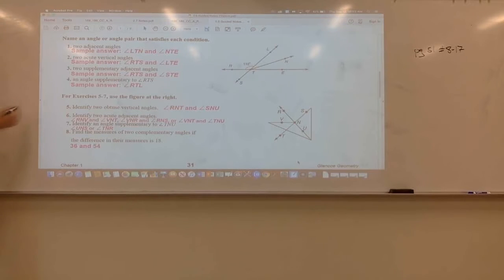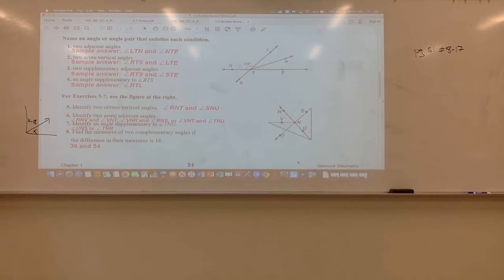So here, we're saying I've got 2 angles that make up a right angle together. I don't know exactly what they look like, but I know I've got 2 angles that add to 90 degrees. And what we're saying is the difference in their measures is 18. So I can just call one of these angles x, and then the other one x minus 18.